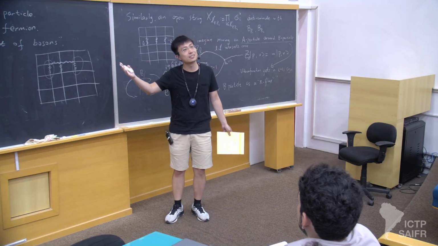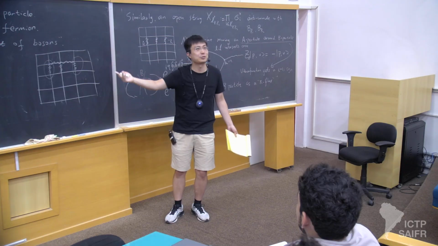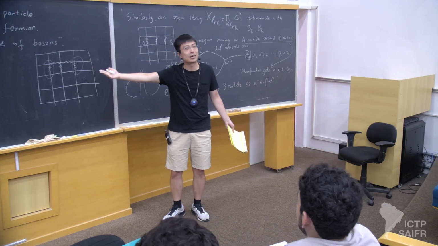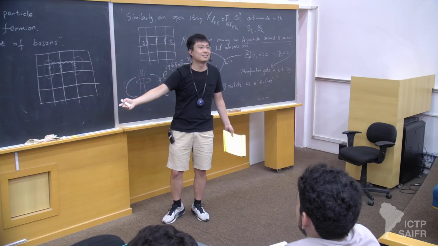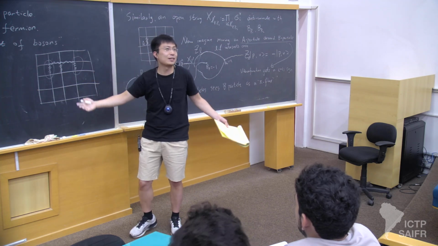Here I'm on a lattice. What do I mean by Lorentz invariant? I don't even have continuous rotation symmetry. What do I mean by angular momentum when I don't have continuous rotation symmetry? So this argument is full of holes you can poke. But at the end of the day, it's actually correct.